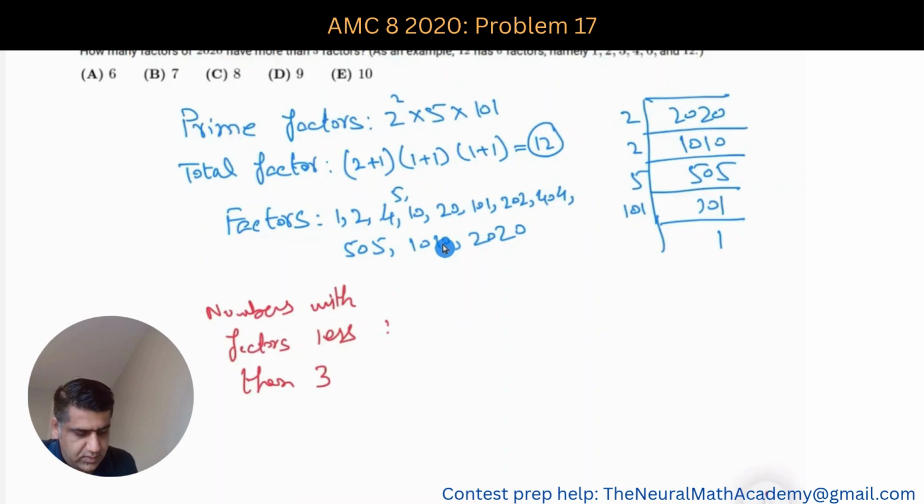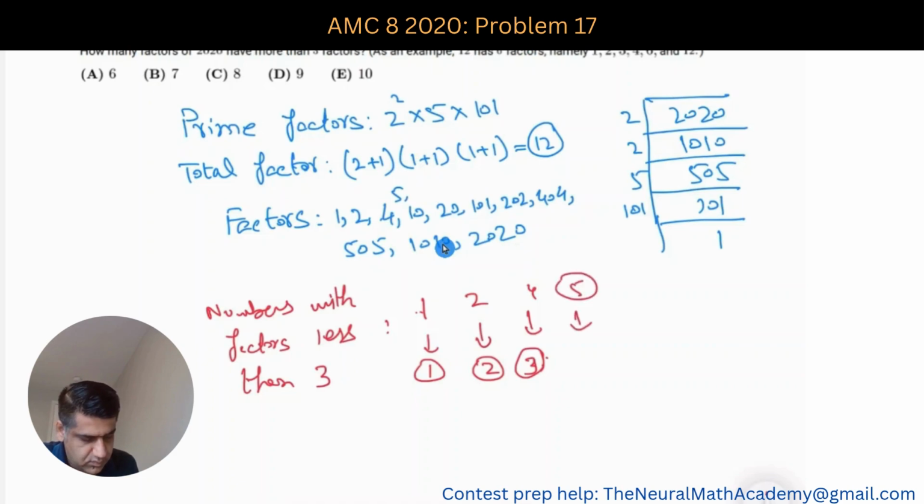So for example, if I look at 1, we know 1 only has one factor, so I will write 1 as one factor. 2 has two factors, one is 2 and the other one is 1. 4 will have three factors, 1, 2 and 4. Then 5 has 1 and 5, two factors.